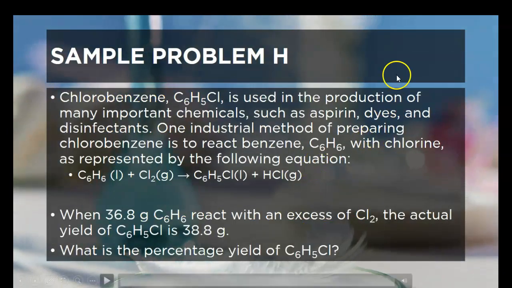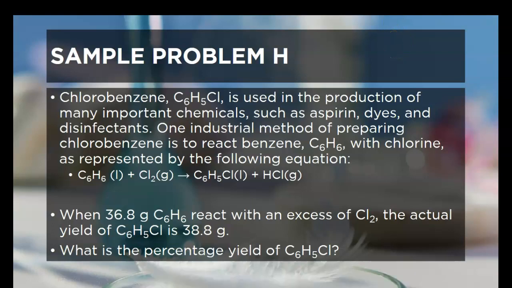So here's my sample problem to drive that home. We've got chlorobenzene, C6H5Cl, which is used in the production of some important chemicals like aspirin, dyes, and disinfectants. We can react benzene with chlorine, and we get chlorobenzene and hydrochloric acid.